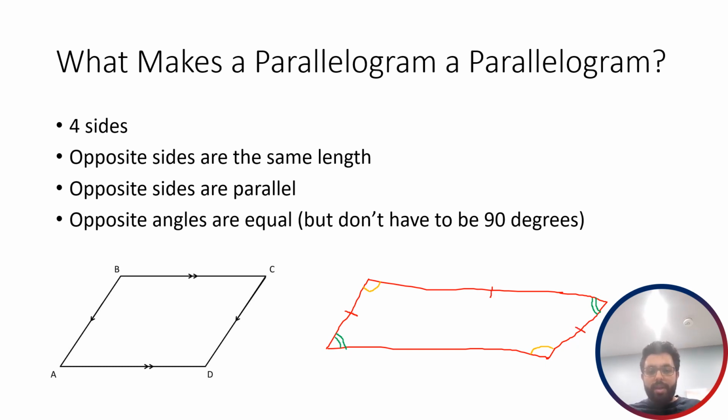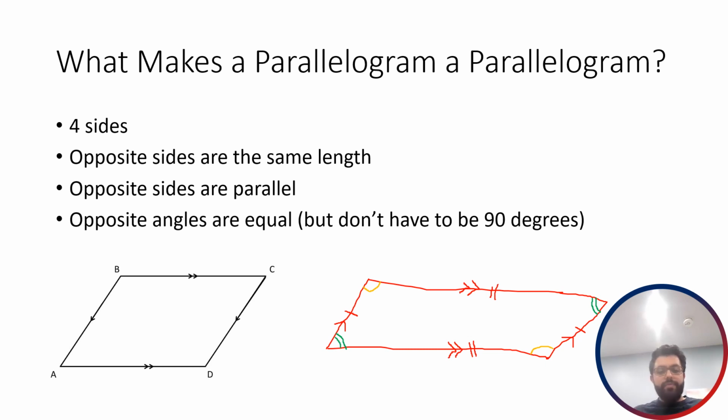The top side and the bottom side are the same length as each other, but different from the left and right, so that's two tick marks. The left and right sides are pointing in different directions because I've drawn it really badly, but I want to show that they're supposed to be parallel to each other, so I'm going to put one arrow through each of those. And for the top and bottom, I'm going to put two arrows through each.